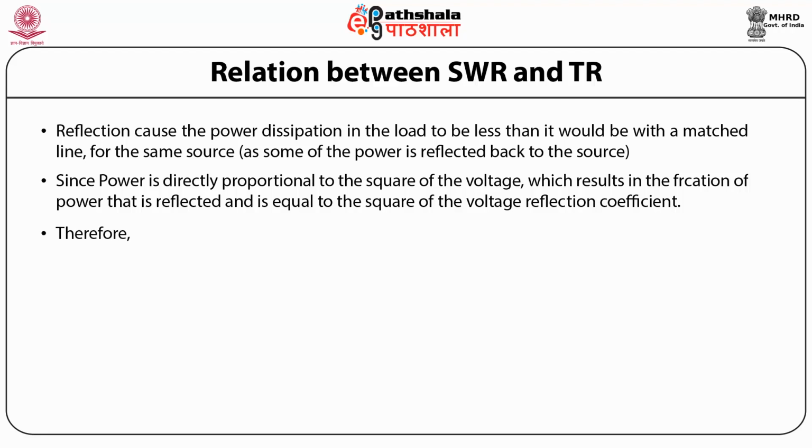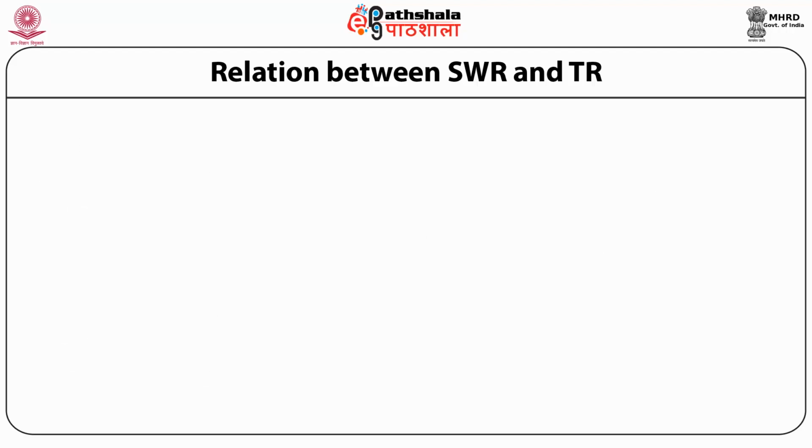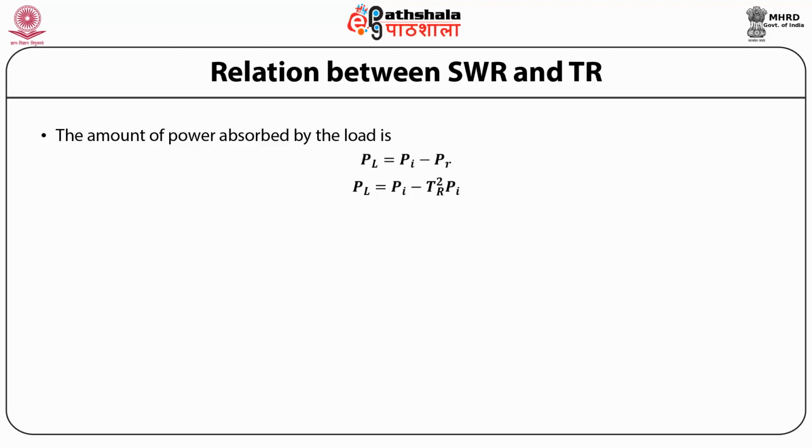Therefore, PR equal to gamma R square multiplied by PI, where PR is the power reflected from the load, PI is the incident power at the load, gamma R is the voltage reflection coefficient, and gamma R square is the power reflection coefficient. So the amount of power absorbed by the load is PL equal to PI minus PR.